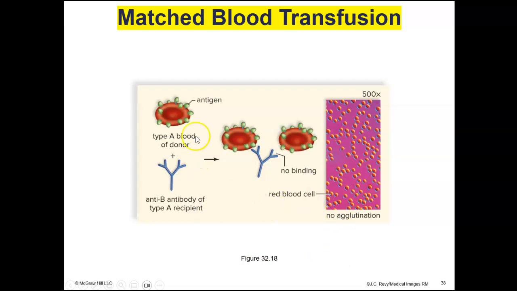Now, in this picture, you're seeing that the person who's donating their blood is type A, so the donor blood is type A, and it has A antigens on the surface, and they're green and kind of rounded. And the donor blood also has anti-B antibodies. And notice in the antibody that there's like a V shape here in each of the two ends of the antibody.